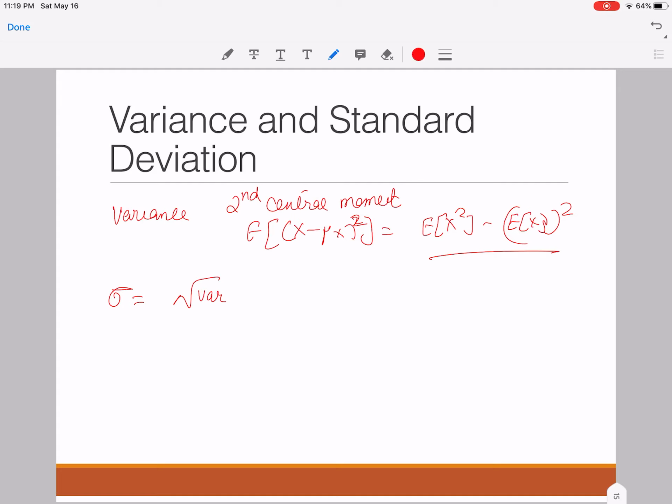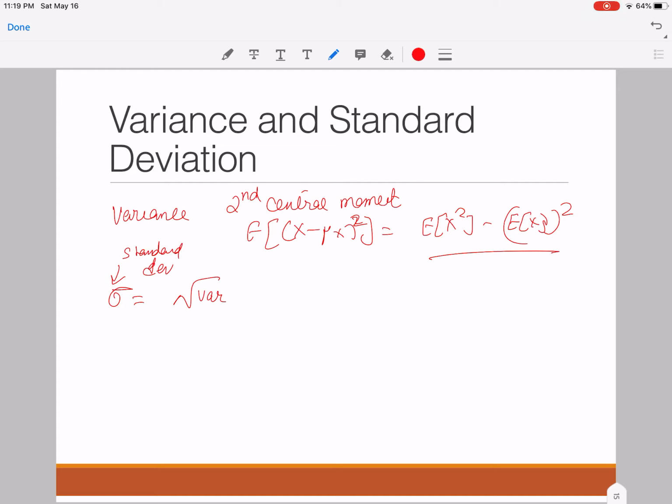Instead, I will rely on standard deviation, which is usually denoted by sigma in statistics, which is equal to the square root of variance. When I take the square root of variance, I get a number which has the same unit as my original random variable. So if my variance is in weight squared units, the square root of variance will give me another number, the standard deviation, which is going to have units equal to weight.